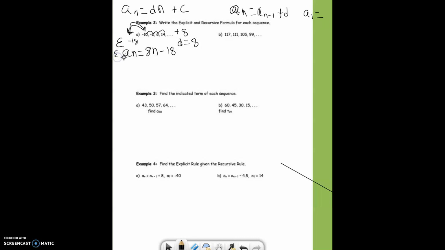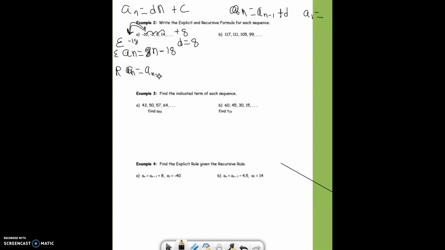Now the recursive form is really simple. A of n, again, means any number. A of n equals, and this is always going to be part of our recursive formula, A of n minus 1.